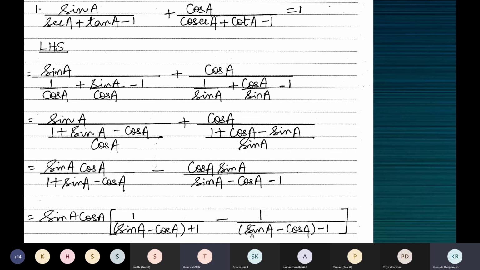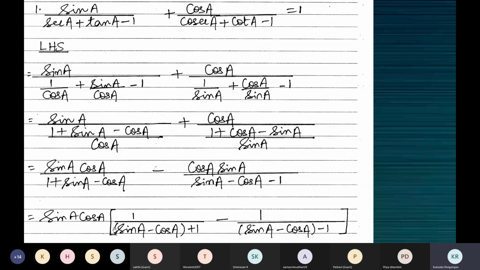Sin square A minus cos square A minus 1. No. Sin A minus cos A the whole square minus 1 the whole square. Correct.